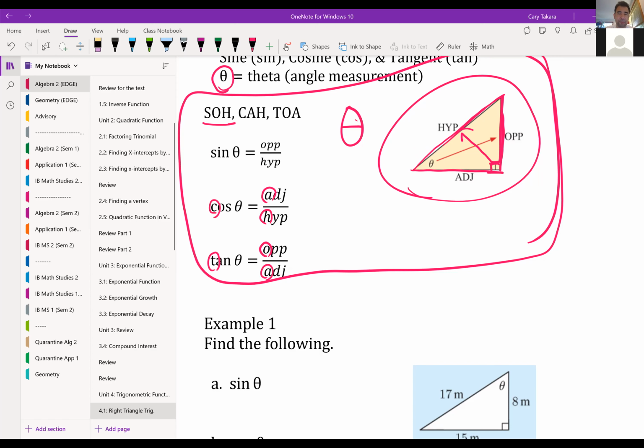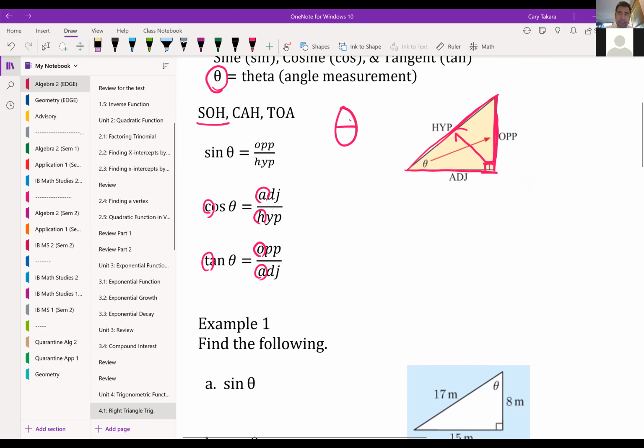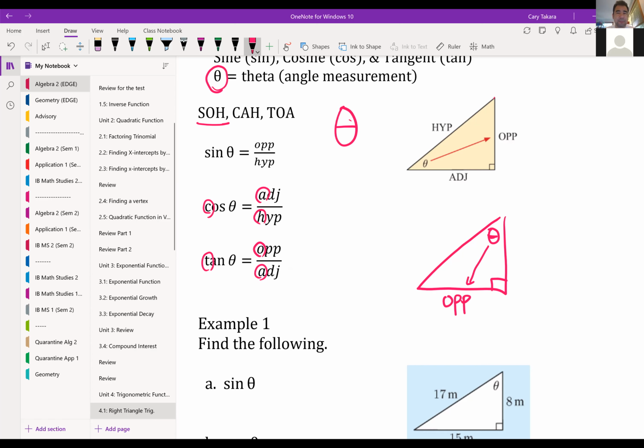Let's say theta is over here. Then where do you think the opposite is? Opposite is going to be on the bottom here. So opposite changes depending on where the theta is. This one was opposite, but if the theta is over here, opposite is on the bottom.